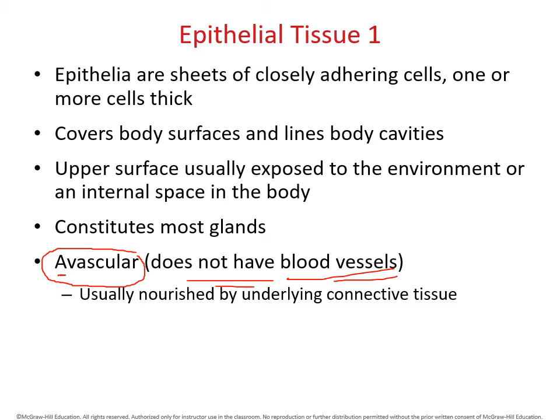Part of that will have to do with the avascular nature of the epithelium tissue. Obviously, cells are a fundamental unit of life, as discussed previously, so their nutritional demand will be based on having access to blood vessels in the connective tissue that lies underneath them.